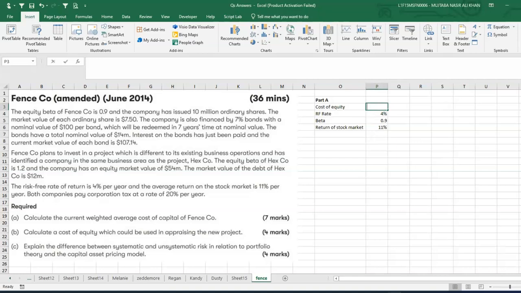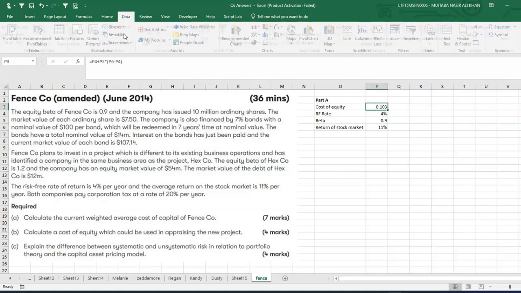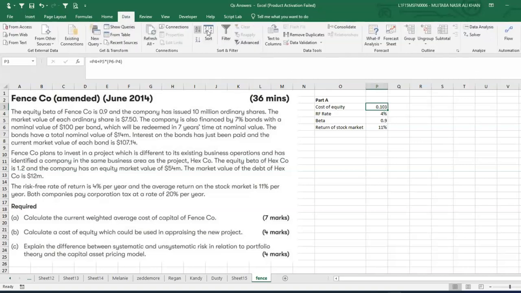So cost of equity is risk-free rate plus beta into bracket start RM minus RF. So that is 10.3%.